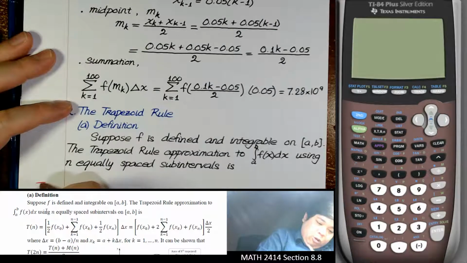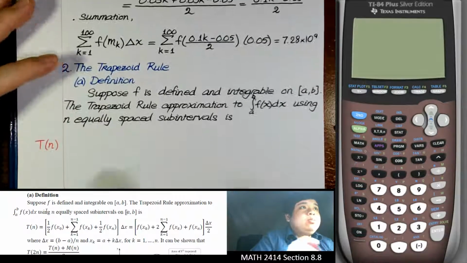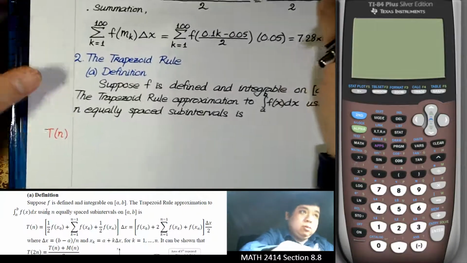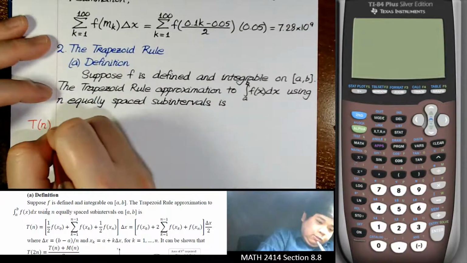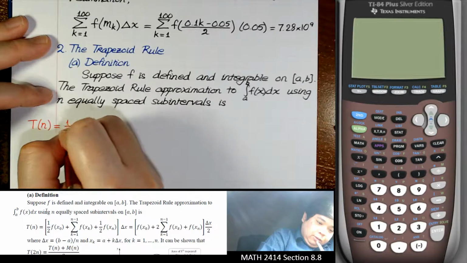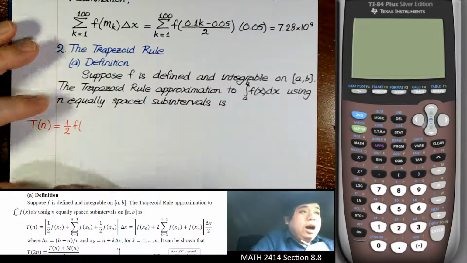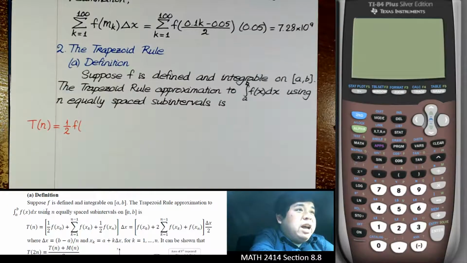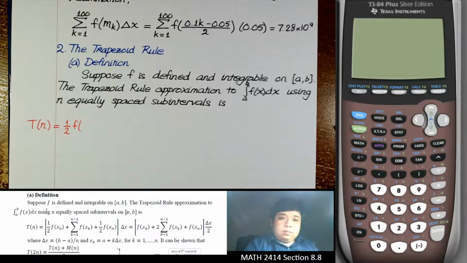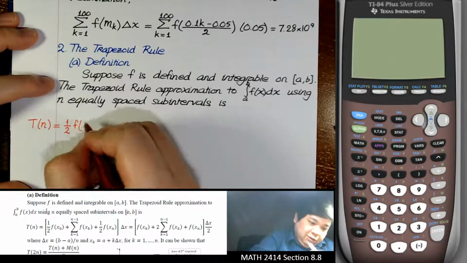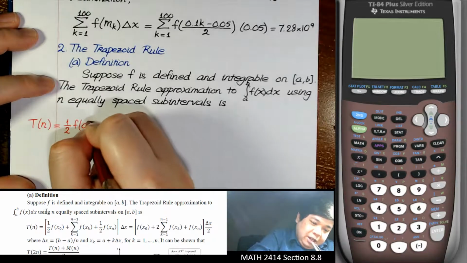So the trapezoid rule using n rectangles. One half f of x naught and x n, that's pretty much a and b. Just use a, be even better.